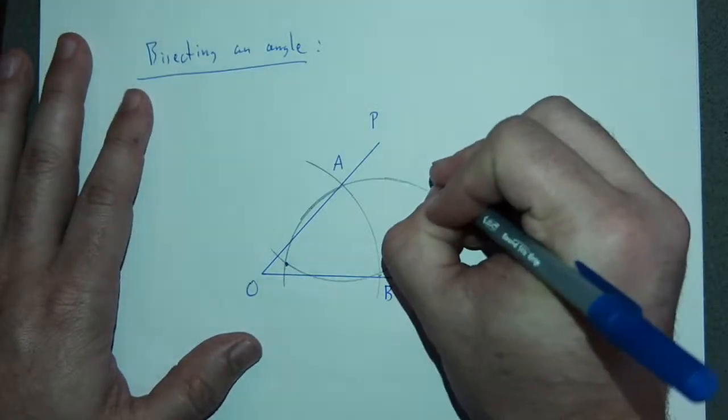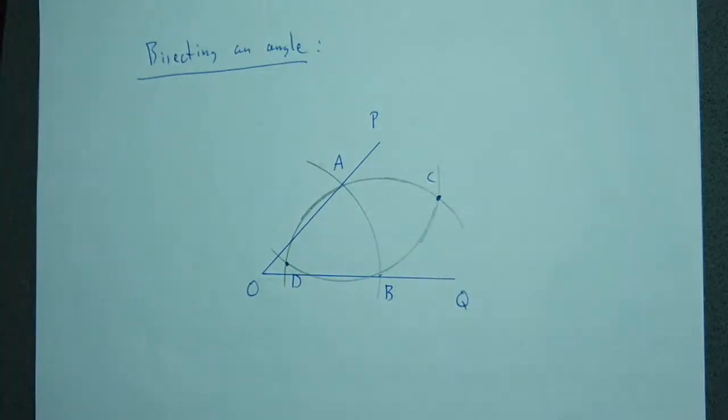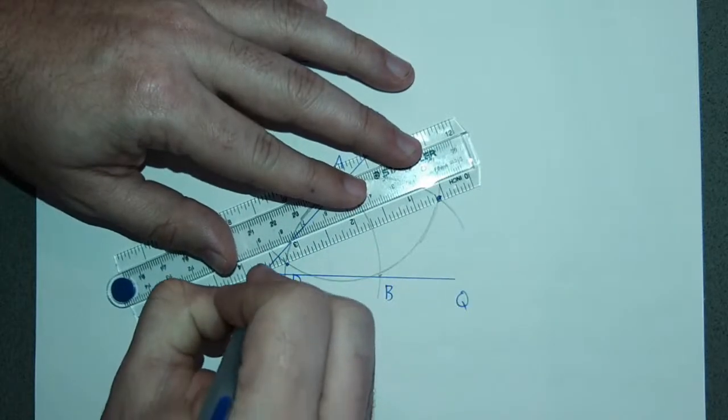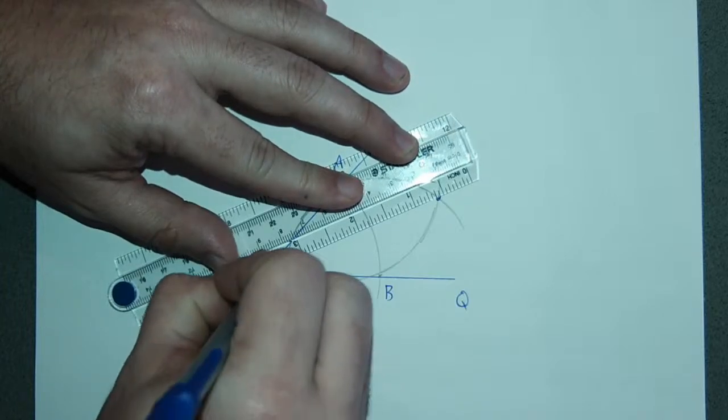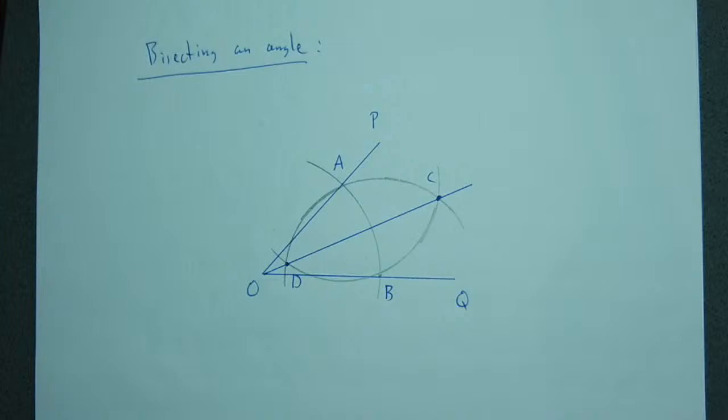So here's C and here's D. These two points generate a line that bisects this angle POQ.